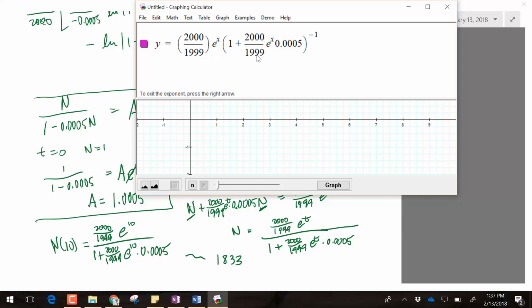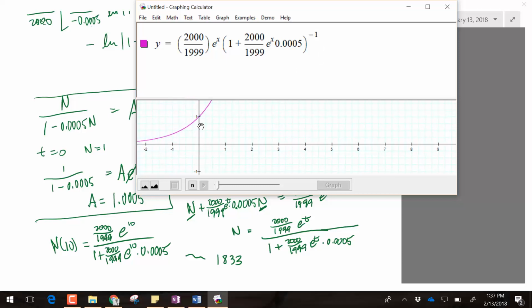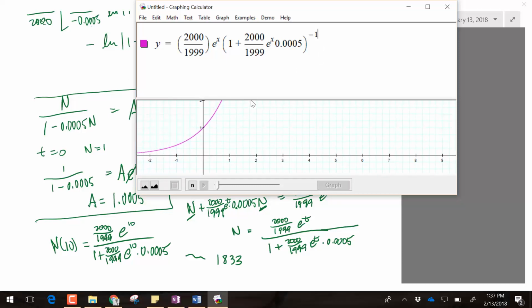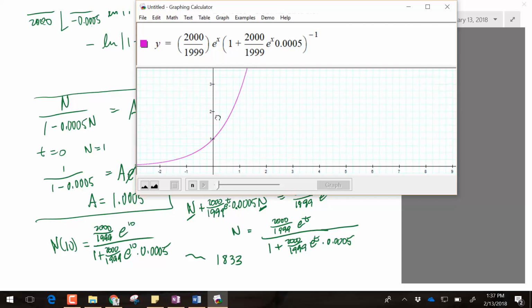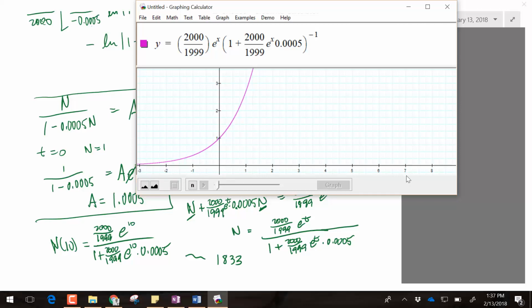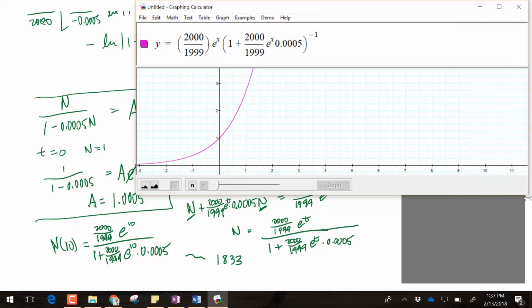Over 1999. Yeah, that was also suggested. Here's one. It looks like the exponential function, but let's shrink it.